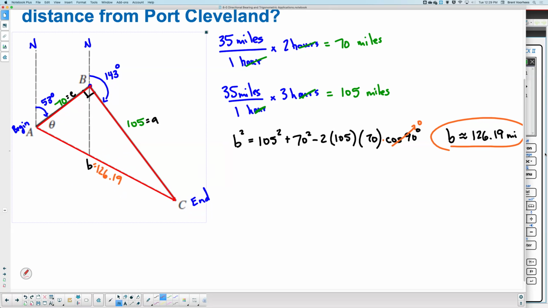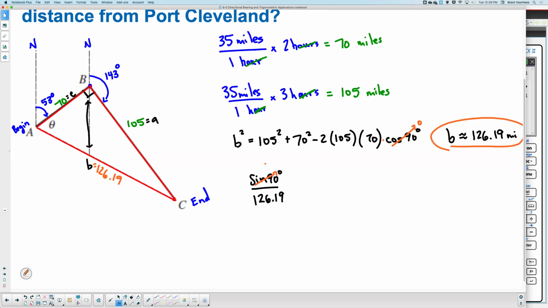Well, looking inside that red triangle, do we have a completed set now? Yes, we do. We have this set. We now know that sine of 90 is across from B, which is 126.19. And one more time, what can we do anytime we see a sine of 90?